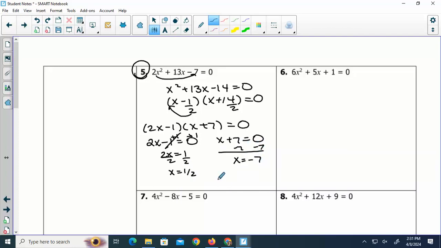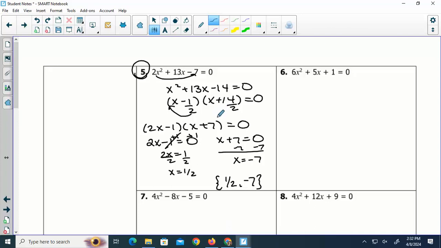And negative 7. No, it does not matter which one's first. And that's part of why we write them in the solution set. It's not necessarily a big deal to not have the solution set, but it's just standard notation.